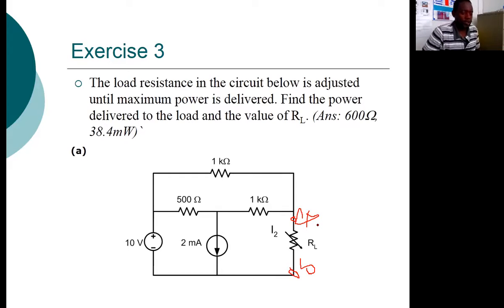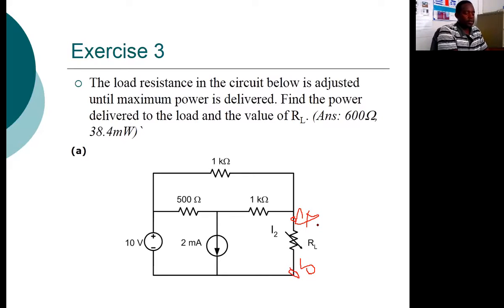And you simplify that, you'll have 1,500 over 2,500. You get your 3, 5 into that, 3 over 5, which is 0.6 kilo ohms, which is 600 ohms. That's the equivalent resistance, 600 ohms.